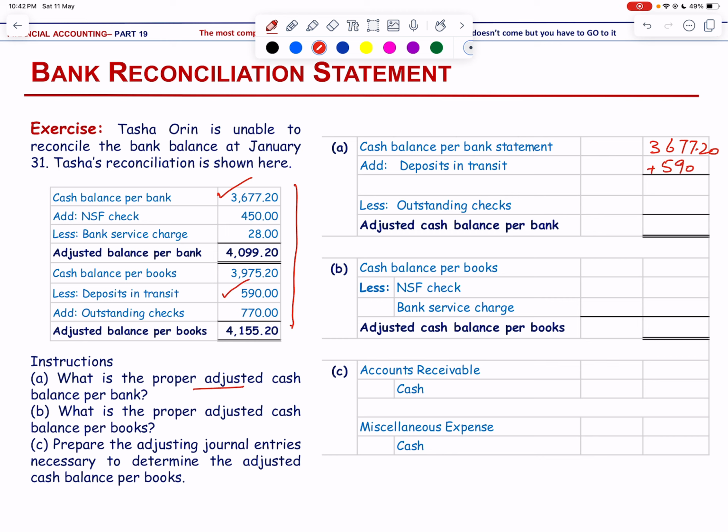So the total will be 4,267.20, and from this we are going to subtract the outstanding checks, which are 770. So that is 3,497.20. Then what is the proper adjusted cash balance per books? When it is per books, we have the amount as per the cash balance per books, that is 3,000.